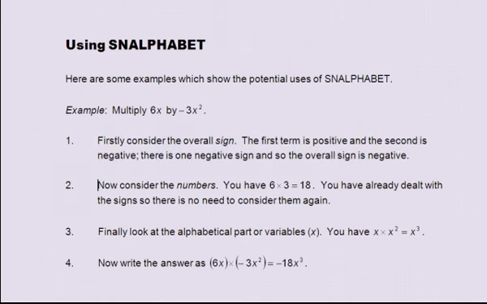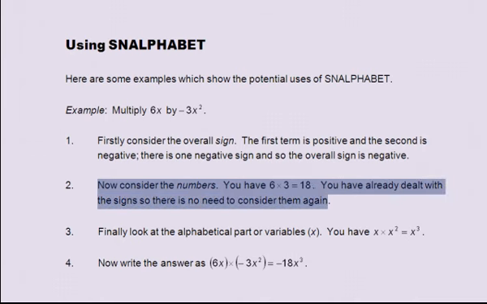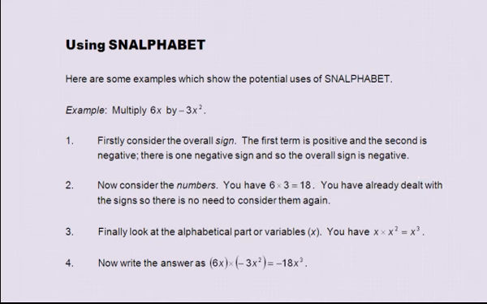Step 2. Now consider the numbers. You have 6 from the first term multiplied by 3 from the second term, which equals 18. You have already dealt with the signs, so there is no need to consider them again. Step 3. Finally, look at the alphabetical part or variables.